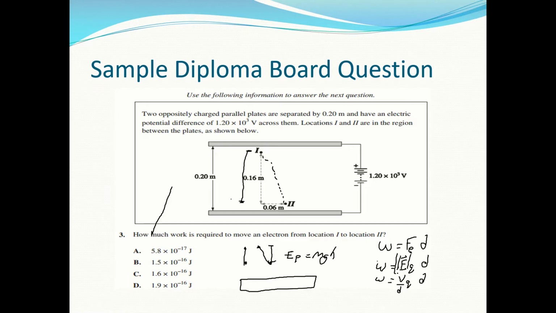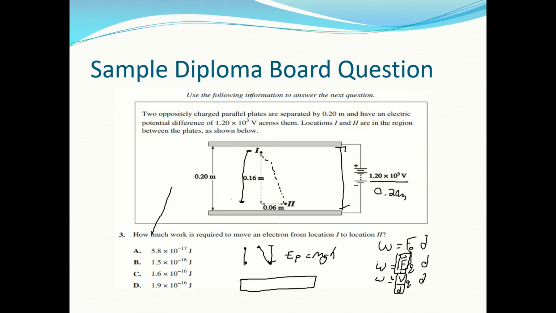This is voltage over distance. We know the voltage across both plates, so this voltage only works if we're going across 0.20 meters. That's where that distance comes from. But force times distance, this is the distance we actually move it, so that's going to be the 0.16.